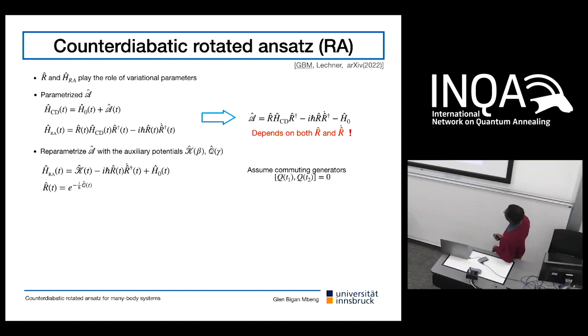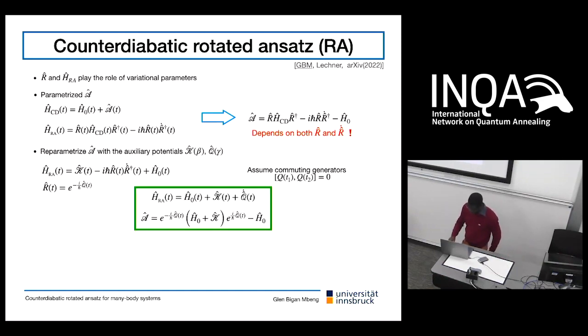And here we show how the R are written in terms of the auxiliary potentials. K is a shift on the Hamiltonian, so the final simple Hamiltonian we want on the rotated frame, and Q is, I would say, a generator for the rotation. To proceed and have something we can compute, we have to assume that the Q are commuting with each other. Maybe it's possible to compute also without this hypothesis, but this is an additional hypothesis we need to proceed.